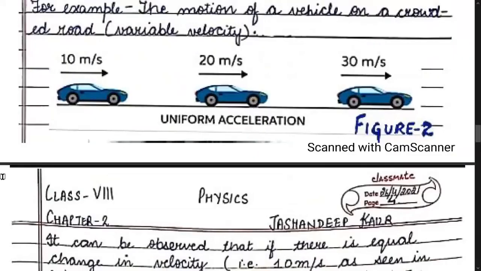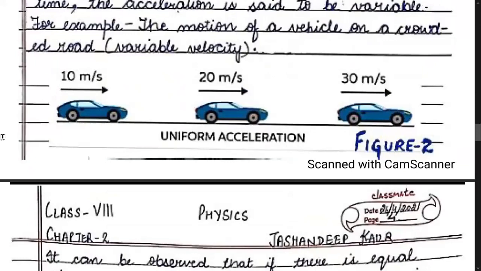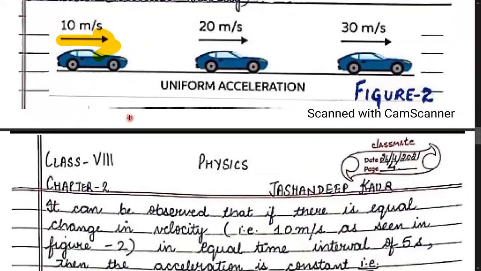Children, uniform acceleration, you can see figure 2 also. I have shown you a car speeding up in a particular straight direction. Originally its speed was 10, and after 5 seconds, its speed became 20.